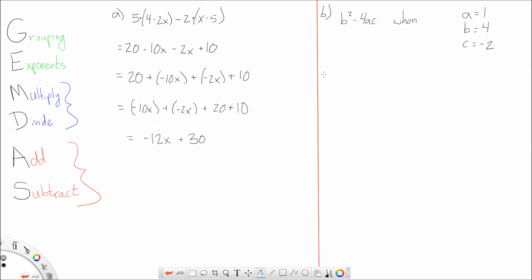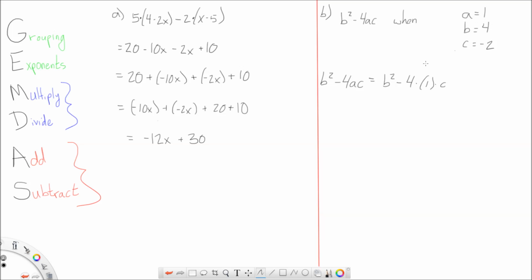So we start off with b squared minus 4ac. Now we want a to be 1. So if a equals 1, we can use the substitution property and just replace our a with a 1. So we have b squared, we don't replace that yet. 4, but now instead of 4 times a, I'm going to replace it with the value that I want, and I still have times c.